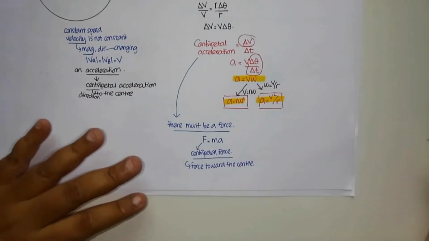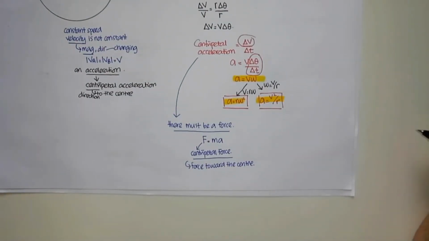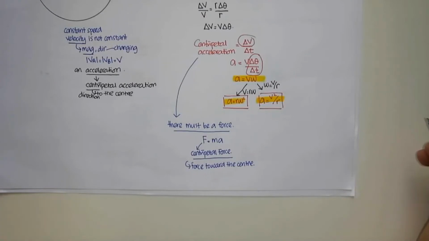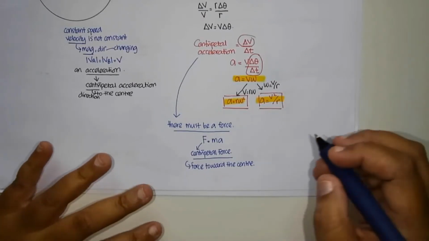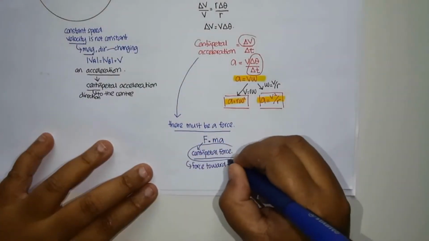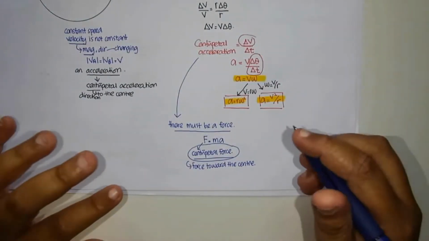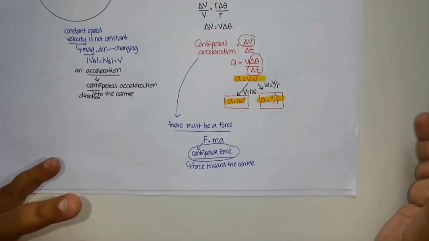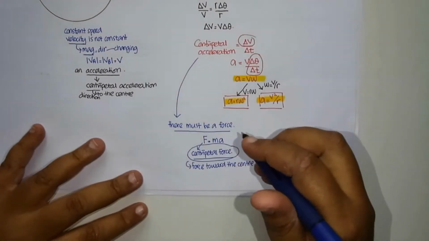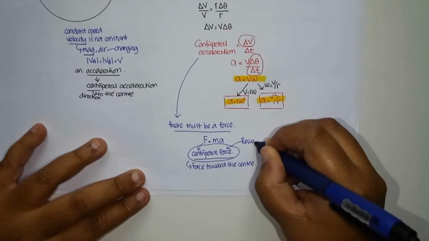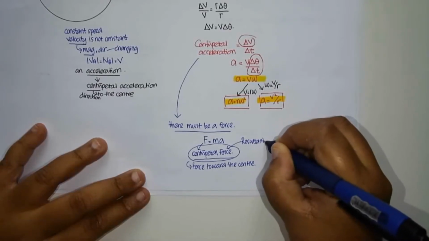An object can only perform a circular motion when it has a centripetal force. A centripetal force is not a special force, not like tension or friction. No. Centripetal force is actually just a resultant force. It can be any force, but it's just a resultant force.